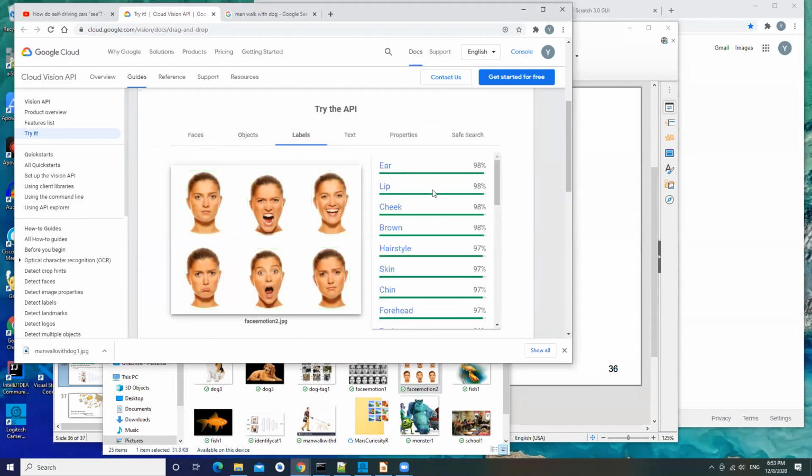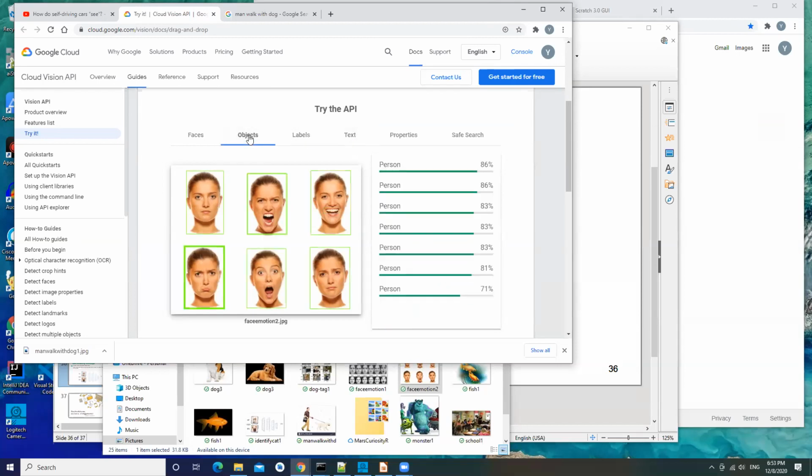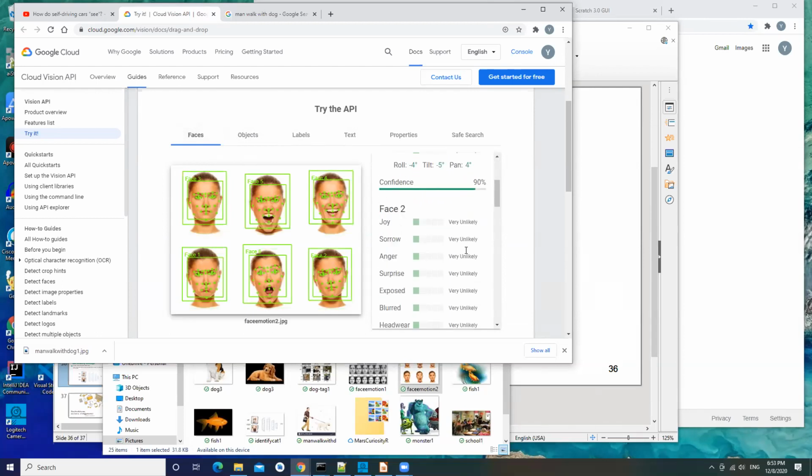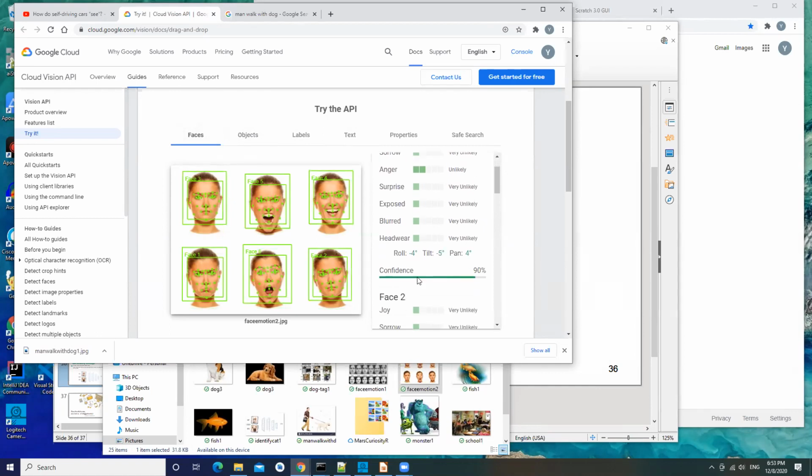And they have different labels. So they have the ear, the lips, the cheeks, and they are really able to tell you whether different faces have different emotions.